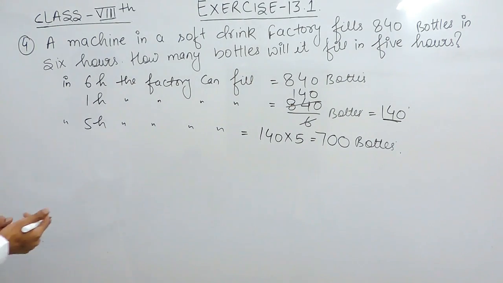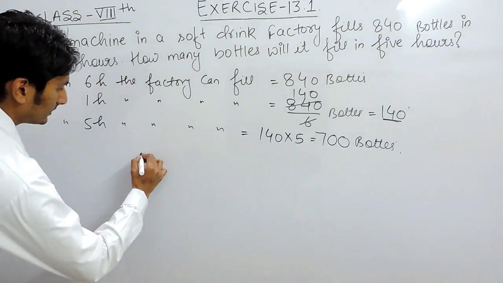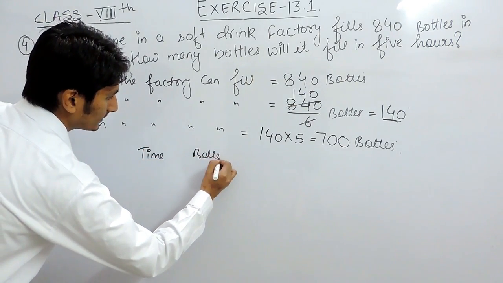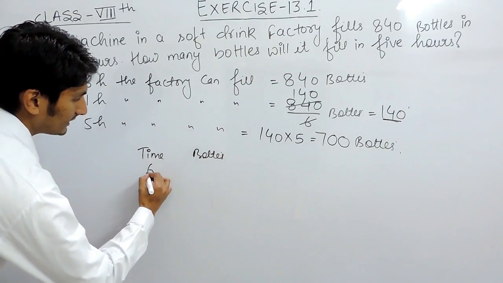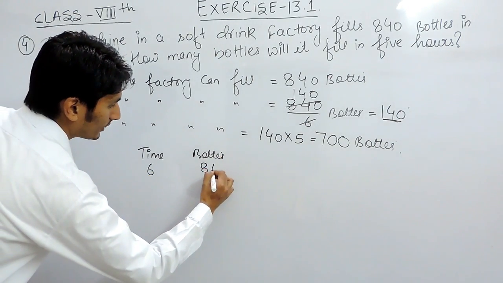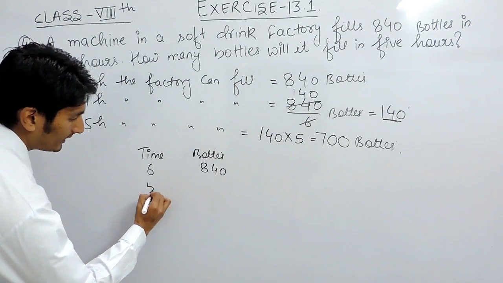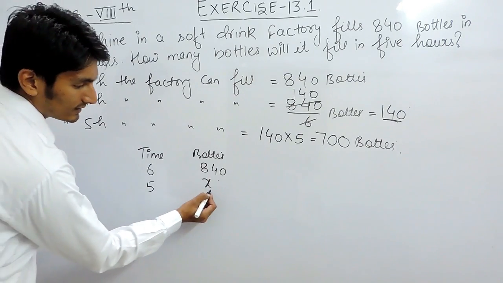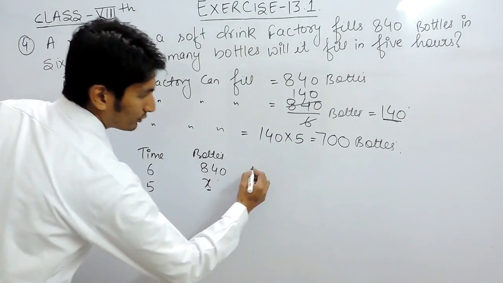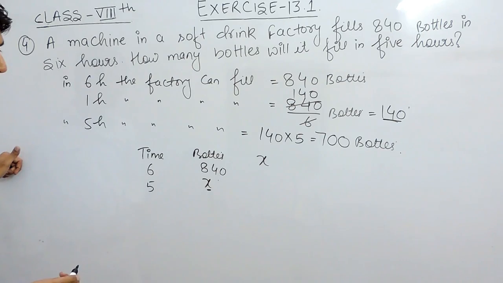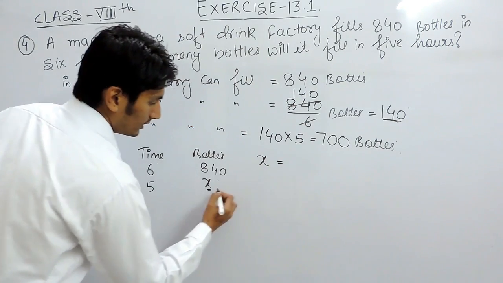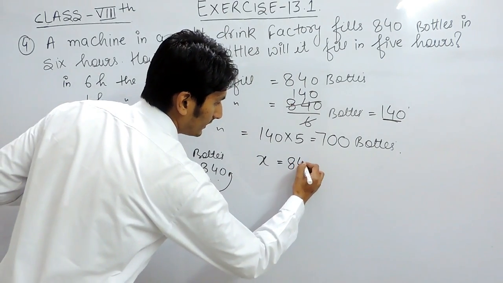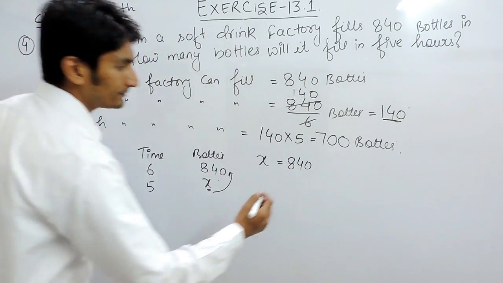There is another way. There are two things: the time and the number of bottles. It is given that in 6 hours 840 bottles can be filled. You have to find how many bottles it can fill in 5 hours. To solve this, we write the variable we have to find equals to the value above it, 840.